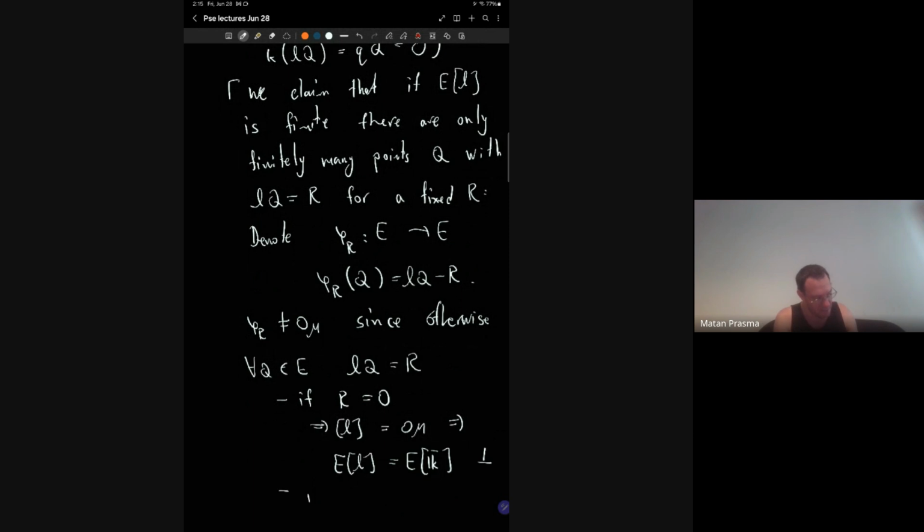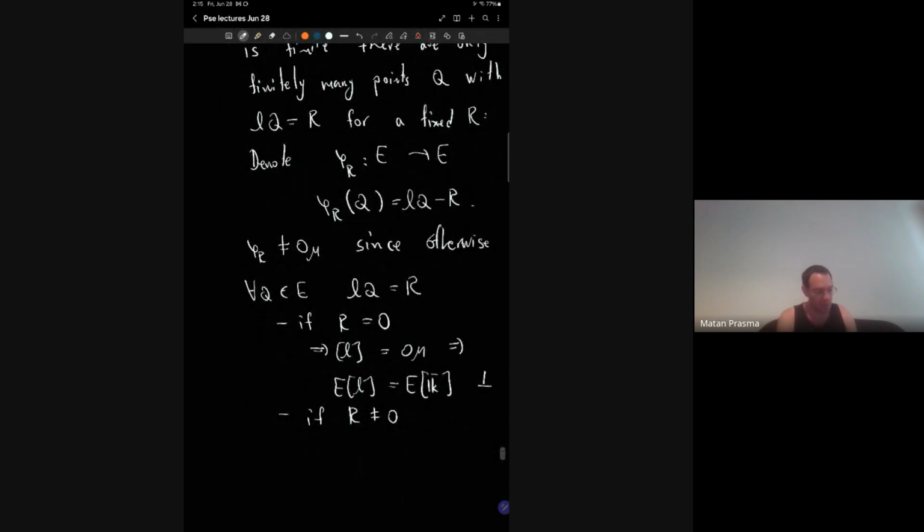And if R is different than zero, then phi R of O is by definition minus R, and R is different than zero, so minus R is also different than zero.